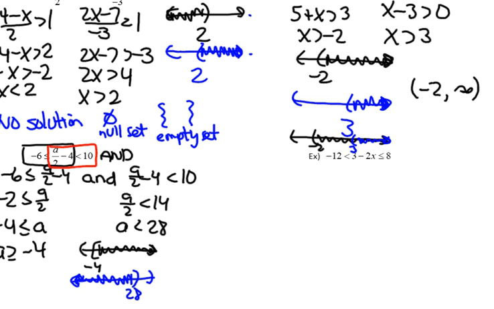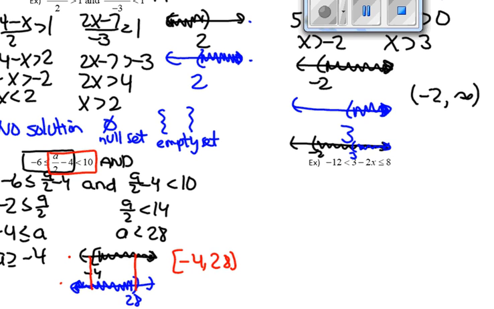So again, where do they overlap or intersect, both black and blue? It's that particular region in red. So -4 is on the top and on the bottom, so it's here. 28 is certainly on the top, but not on the bottom. So 28 is not part of the solution here.